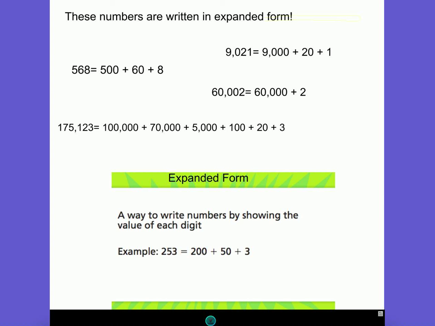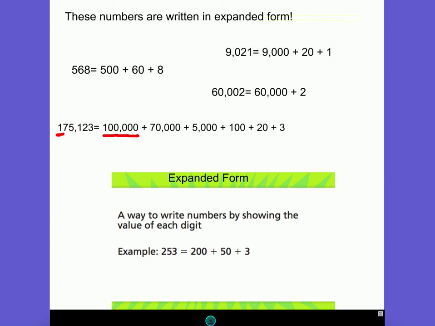I'll take one of these examples and show you. We'll use this example. Let's use a different color. The value of the 1 is 100,000.